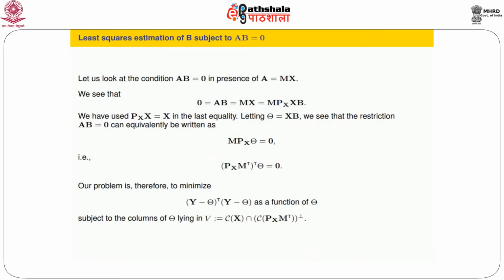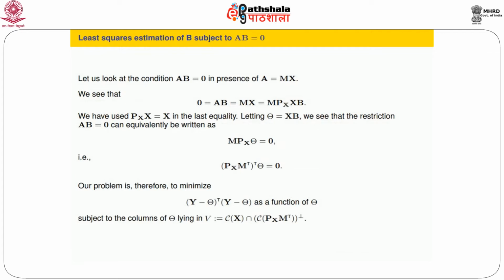Now let's see where we have gone to. We have seen that earlier in our first problem, when there was no restriction on B, we had an unrestricted minimization problem, and also X was assumed to be of full column rank. What was our primary observation?